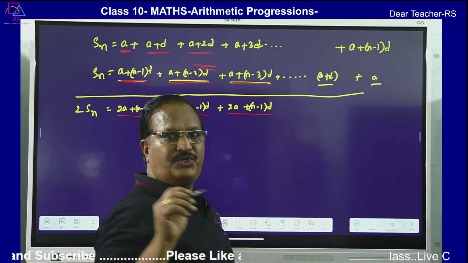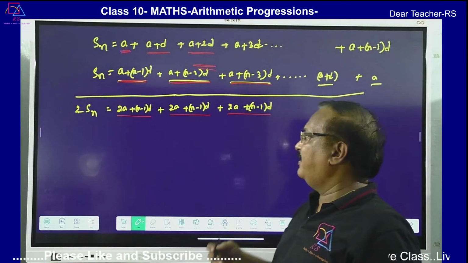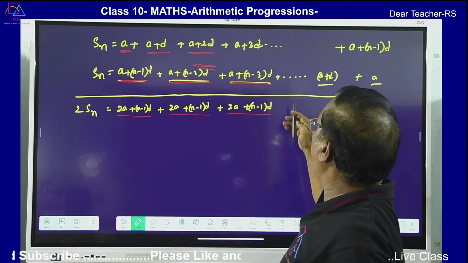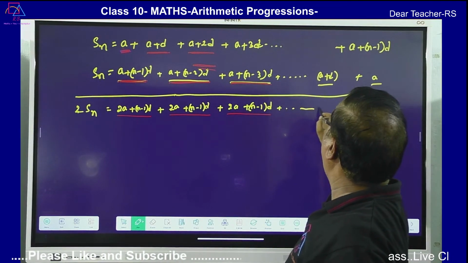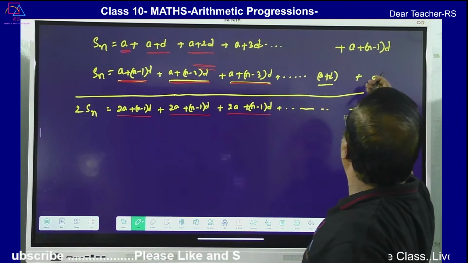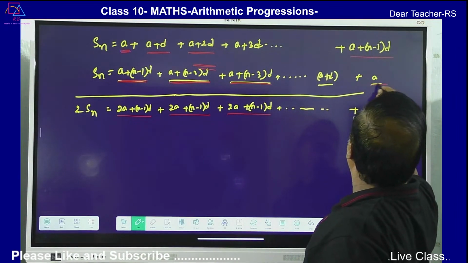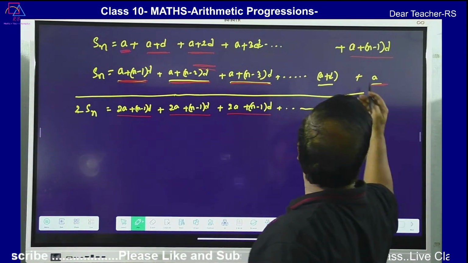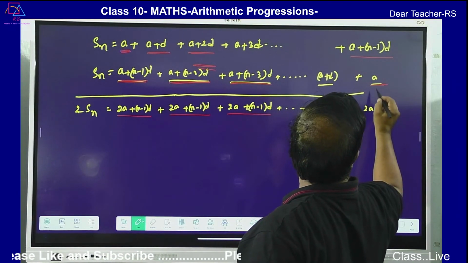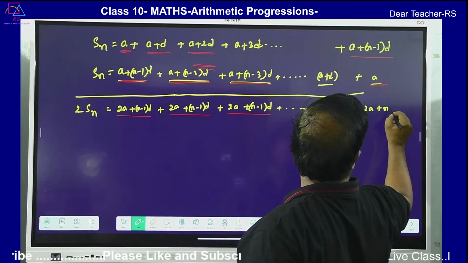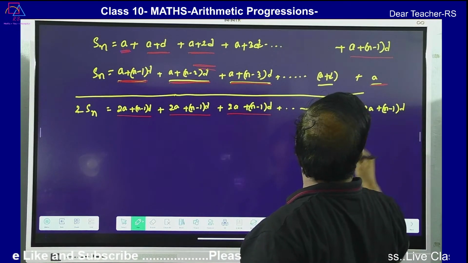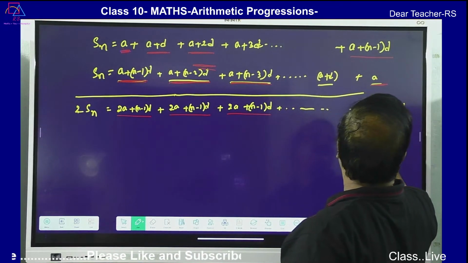So you understood the similarity. Then if you are adding the last terms, again here a and a is there, 2a and n minus 1 into d. So this is the last term.